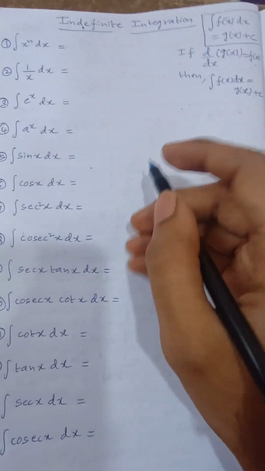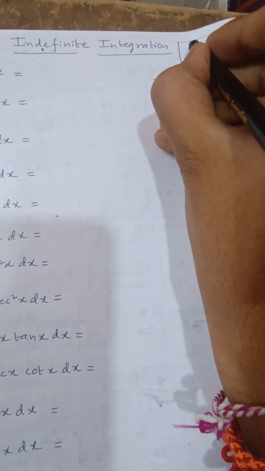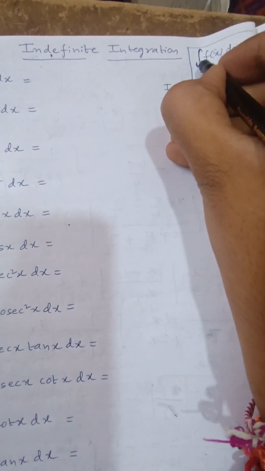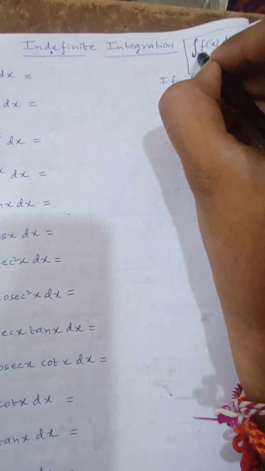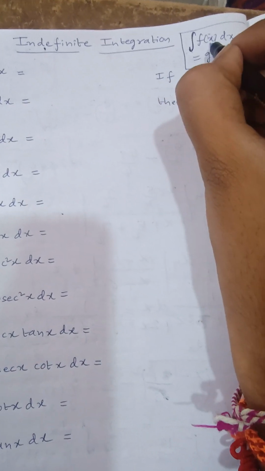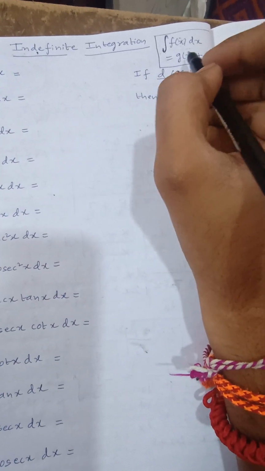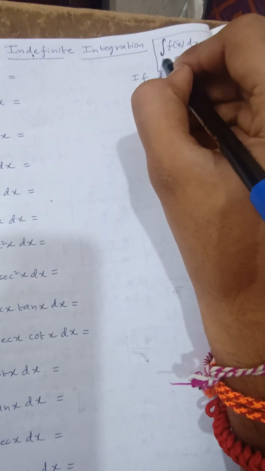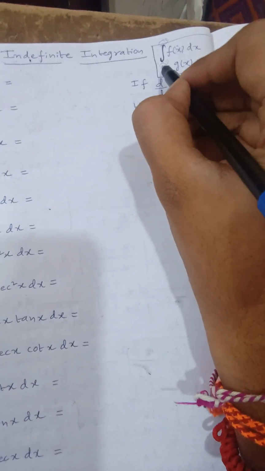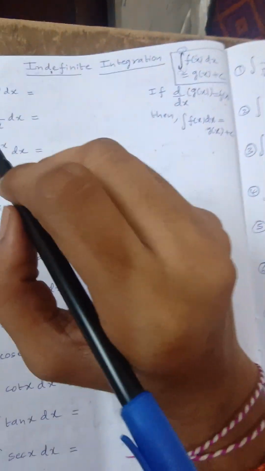So first of all, this is the integral sign, the symbol of integration. We pronounce this as integration of f of x dx. Here this is called the lower limit and this is called the upper limit, but as the lower and upper limits are not mentioned, this is called indefinite integration.